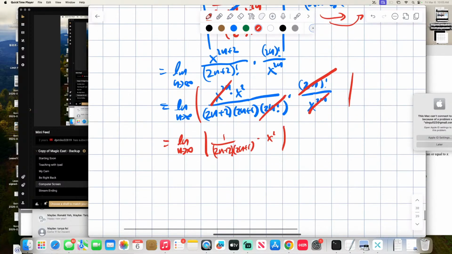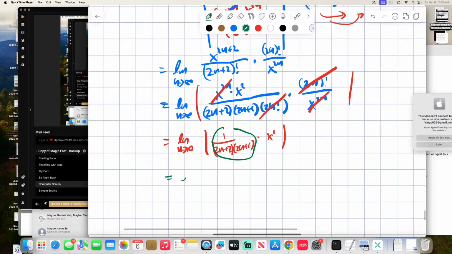Now what happened is we know this part is always positive, because n going to infinity is never negative, so we don't have to worry about that part. It'd be the limit as n approaches infinity of 1 over 2n plus 2 times 2n plus 1, right?